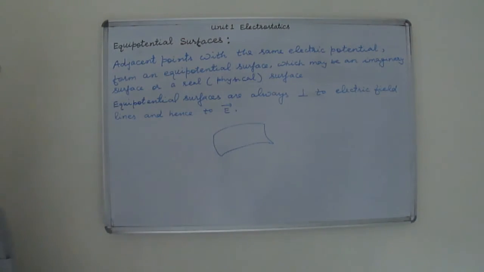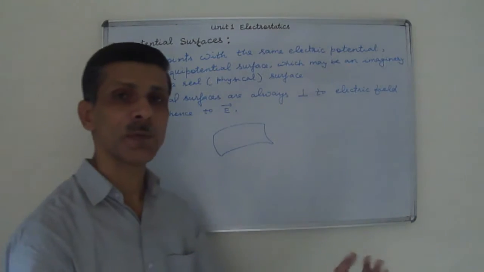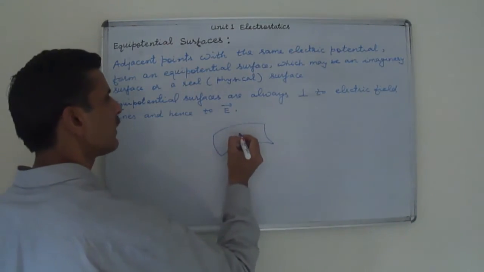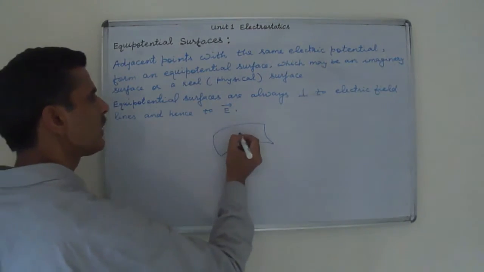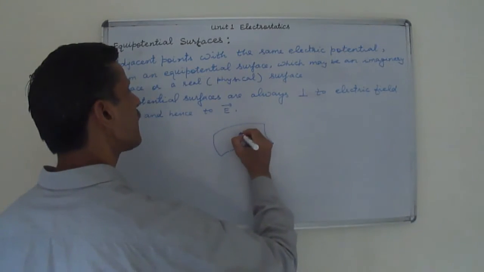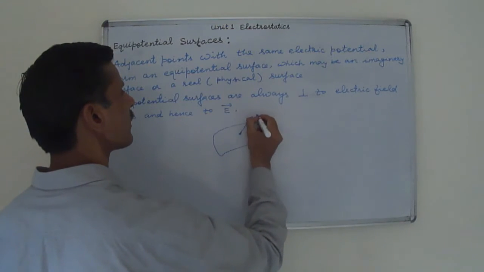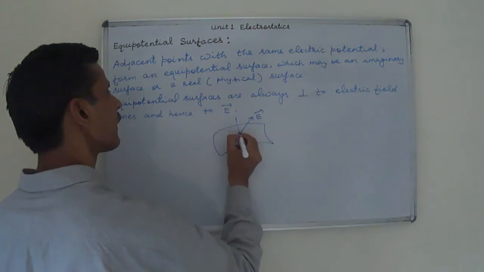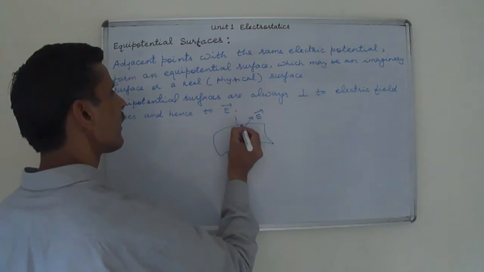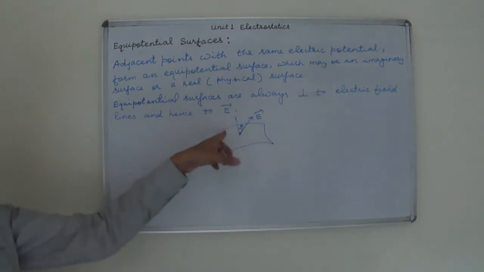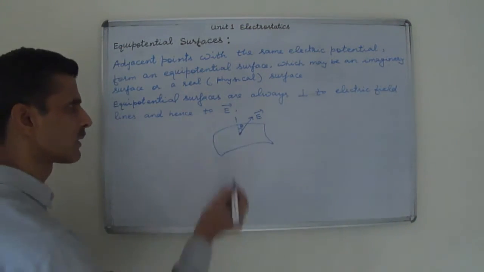Say it is an equipotential surface. In general, an equipotential surface may be a curved surface. At this point on the equipotential surface, if possible, let us assume electric field is not perpendicular, it is in this direction, at angle theta with the perpendicular to the equipotential surface.